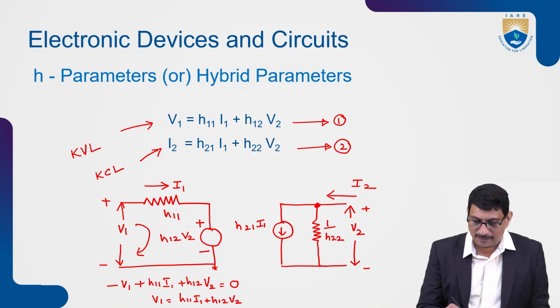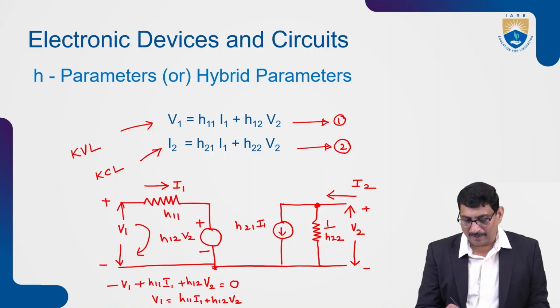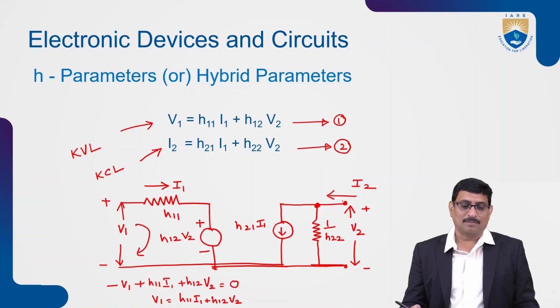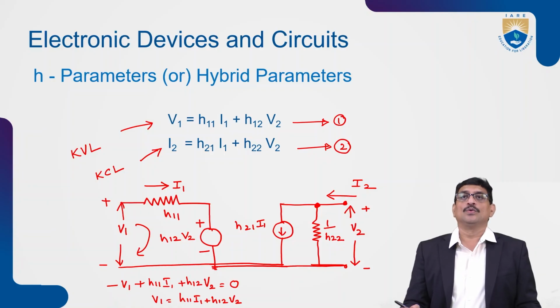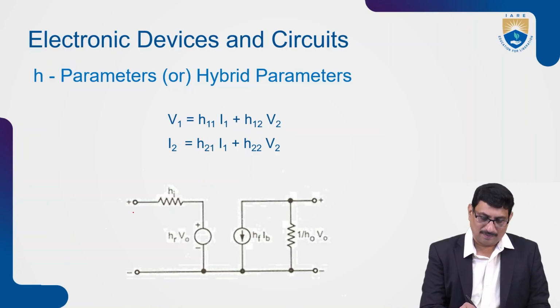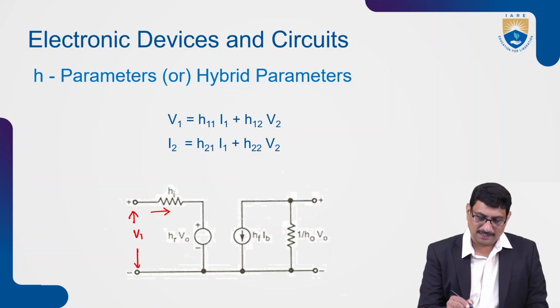If I combine these two together, this will be called the H parameter model of a two-port network device. So this is V1, and through this H11, which I will call HI, the I1 current flows.